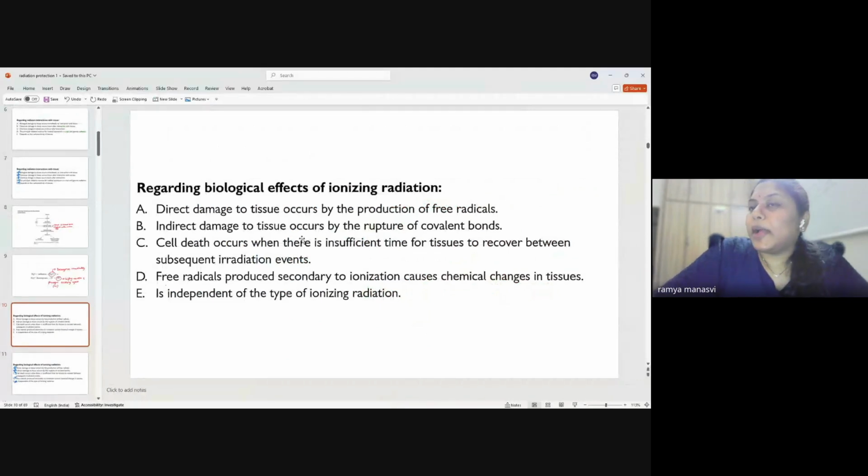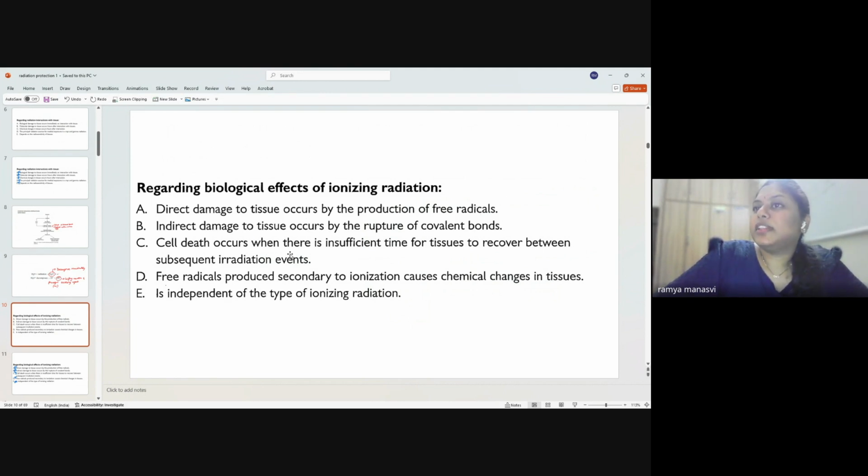So regarding biological effects of ionizing radiation: direct damage of tissue occurs by production of free radicals. Is it true or false? No. Indirect damage is what will happen with free radicals. Direct damage is different. Direct damage ruptures the covalent bonds, whereas indirect damage will give free radicals.